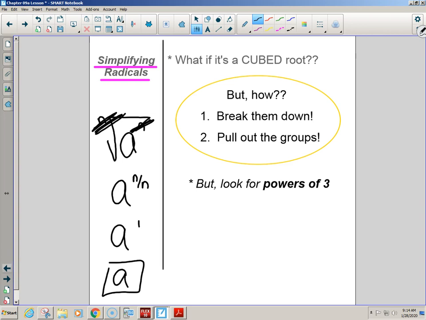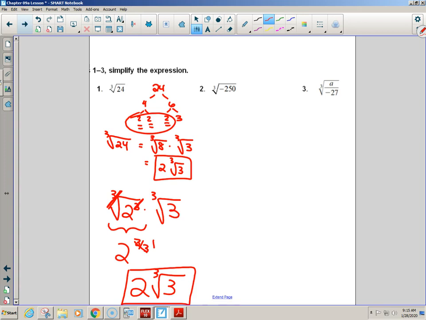Does that make sense? A square root of something squared cancels. A cubed root of something cubed, a fourth root of something to the fourth. But this also lets us handle what if it was like a cubed root of a 6th power. I think maybe we could do something with that also, but we'll wait until we see it. Okay? That was number 1.